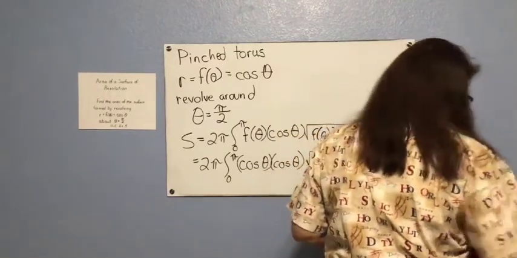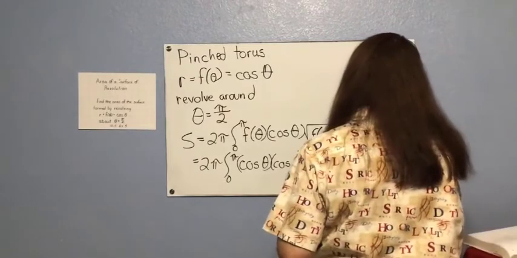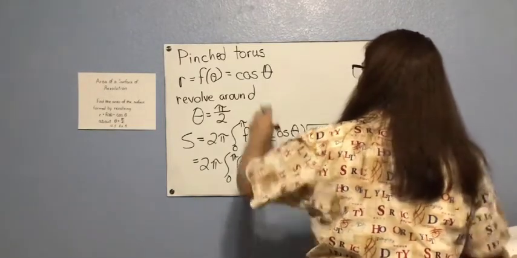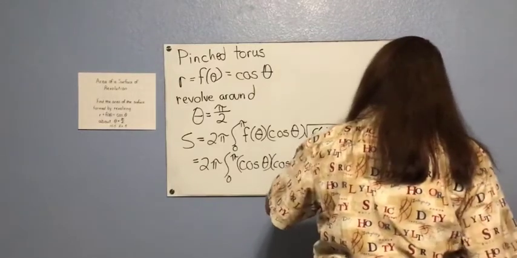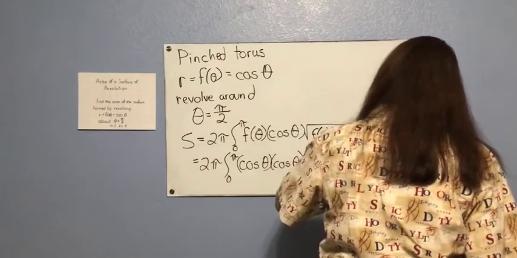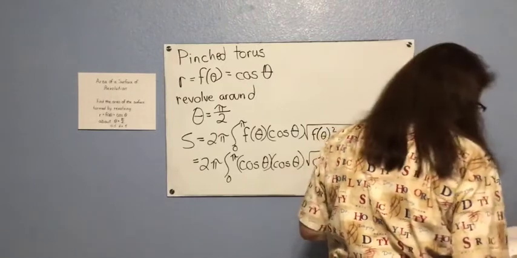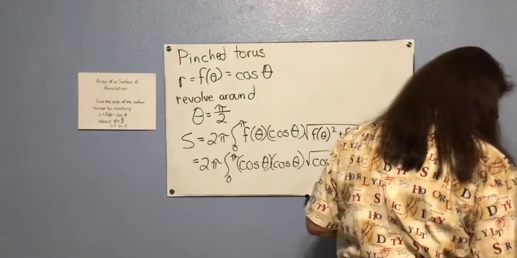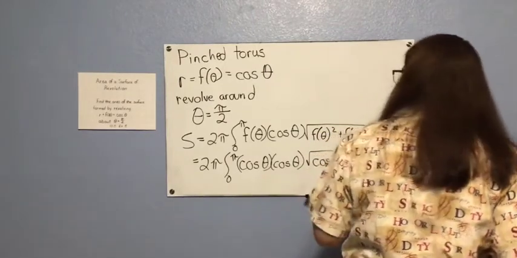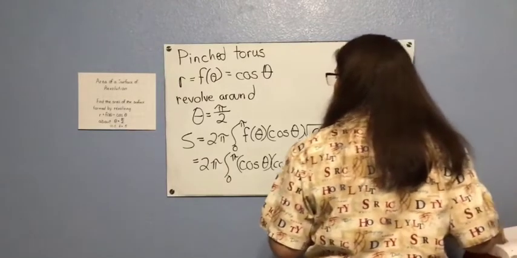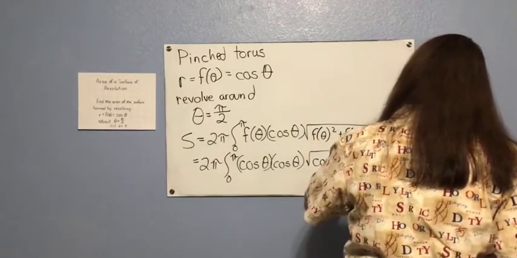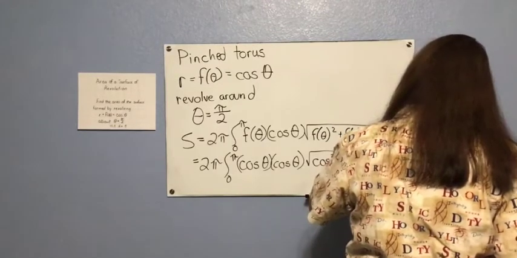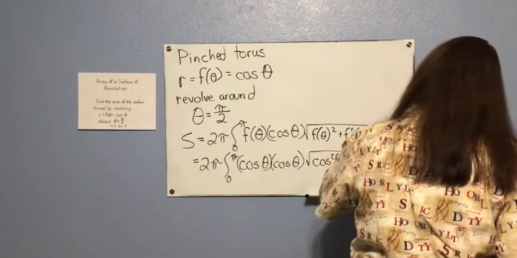Well, let's replace that too while we're at it. Okay, cosine theta, so this is cosine squared theta and then the first derivative would give us sine squared theta d theta.